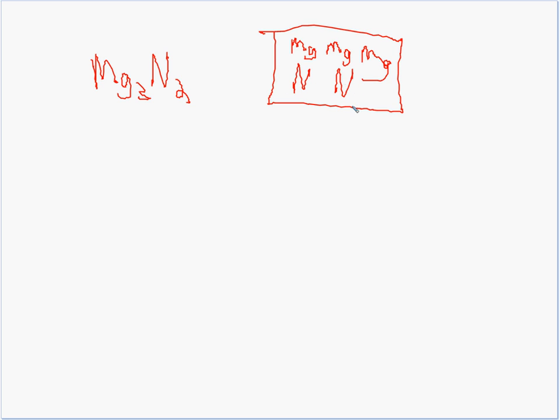Okay, so what this is telling me is that in one magnesium nitride, there are 3 magnesiums and there are 2 nitrogens. So I could use that in a conversion factor, right? Because if there's 3 moles of magnesium nitride, and I want to find out how many magnesiums there are, I know that there are 3 magnesiums for every 1 of the actual compound.